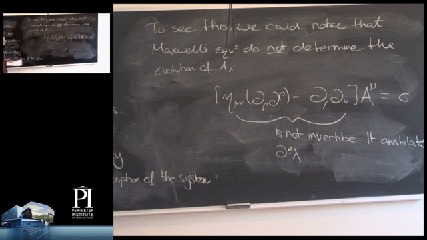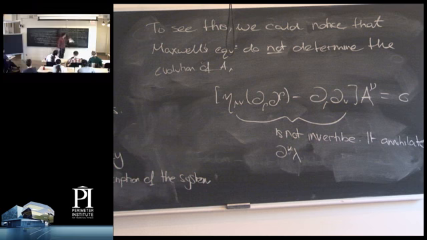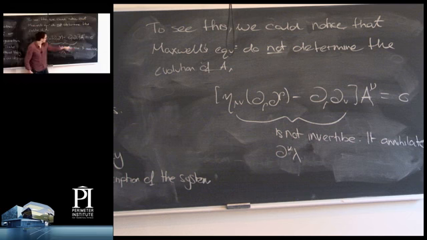These are Maxwell's equations written in terms of A. This is the second order differential equation that you get. This is just d_mu F^{mu nu} equals 0. But this operator is not invertible. In particular, if you put anything on the right-hand side that's of the form of a derivative of some function, it's annihilated by this operator.